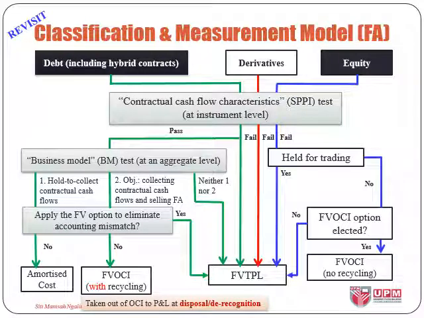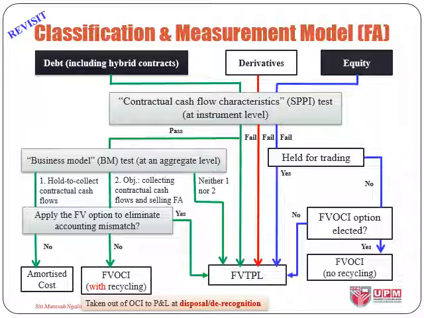Before we talk about impairment of financial assets, let us look back at the classifications of financial assets. You have discussed these classifications at length in your previous course, therefore I'm going to only touch on them briefly. So basically we have three classes of financial assets: amortized cost, fair value through OCI or reserve, and fair value through P&L.